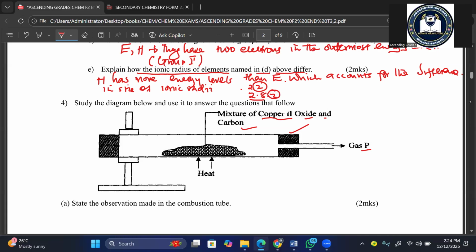Then it is going to turn to brown copper. So we can say the black copper 2 oxide turns to brown copper metal.